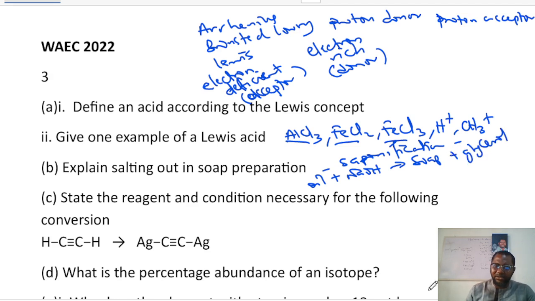Now salting out has to do with adding salt in order to remove glycerol, or you can say adding salt in order to reduce the solubility of the soap. That is very, very important for you to note.